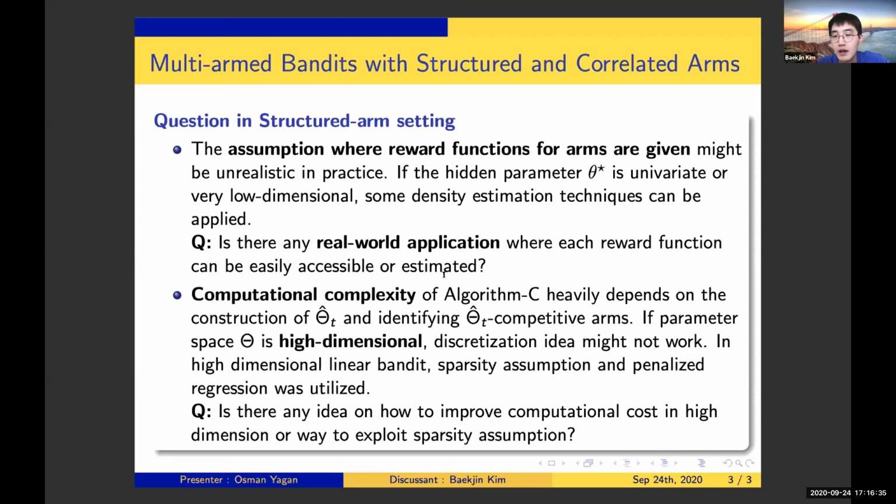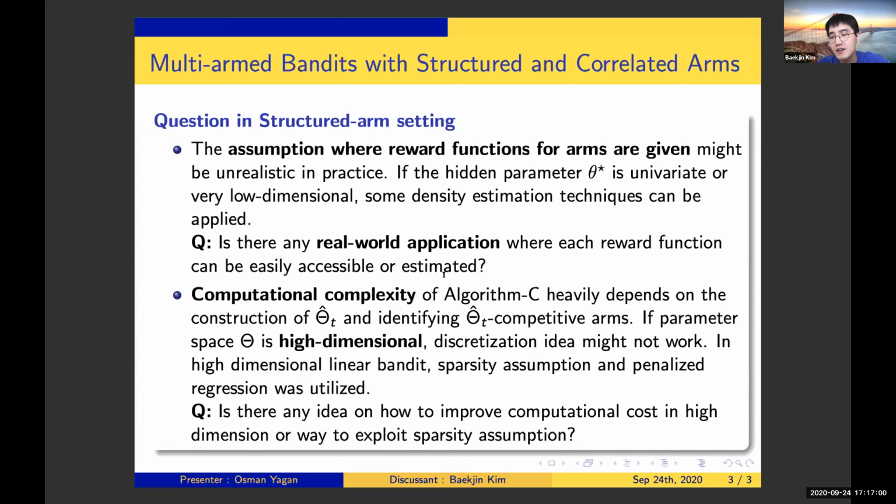Another question is that the computational complexity of the algorithm heavily depends on the construction of the theta hat T and identifying the theta hat T competitive ones, right? So if the parameter space theta is high dimensional, then the discretization idea might not work well.